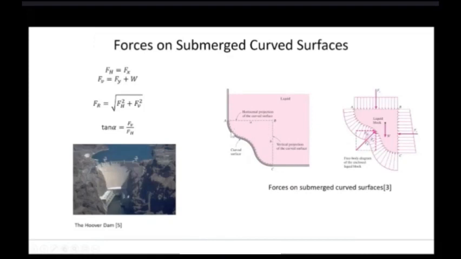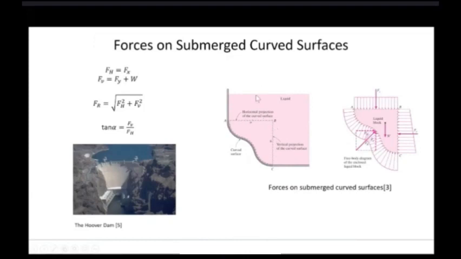We can also resolve it vertically. We know that the vertical forces on this curved surface are going to be the same as the vertical forces on this flat surface, AB. So this force on this curved surface is going to be the same as the force on this flat surface. However, in addition to that, we've got this block of fluid which is sat on top of there.